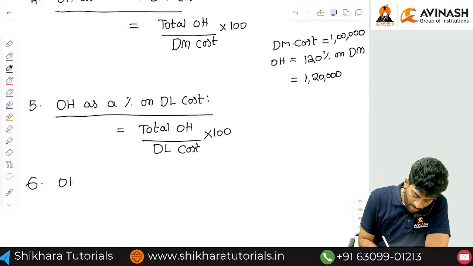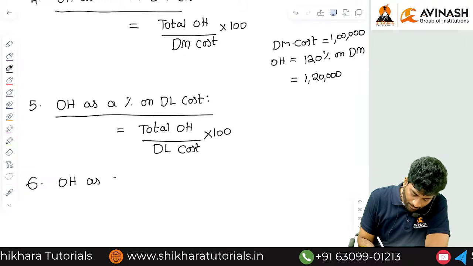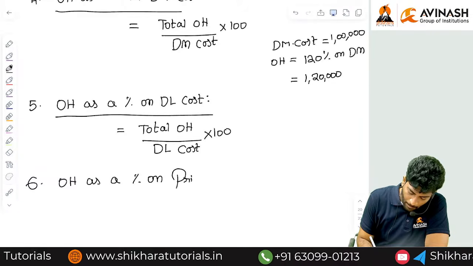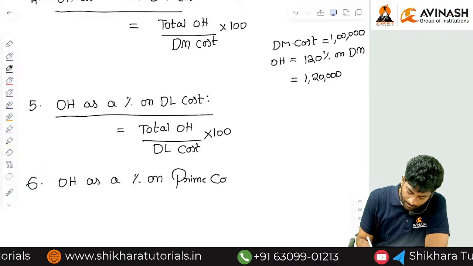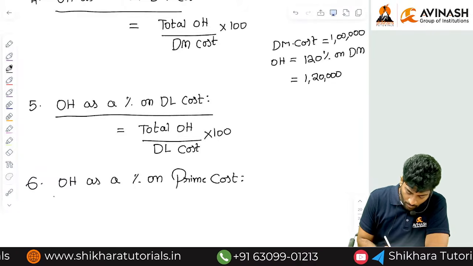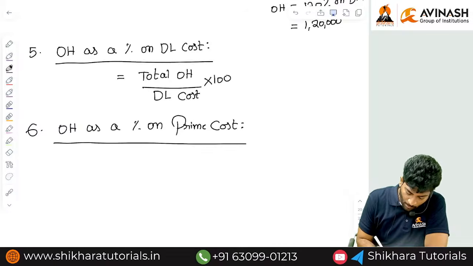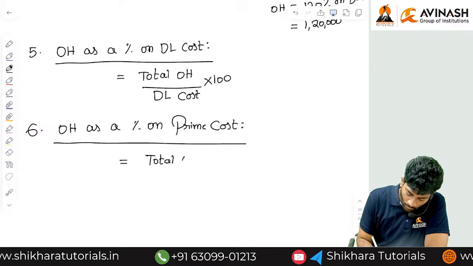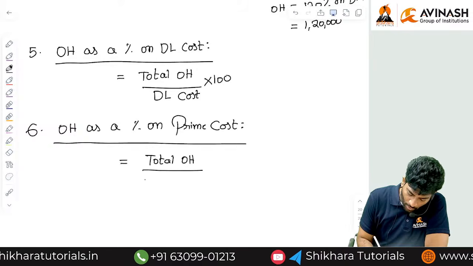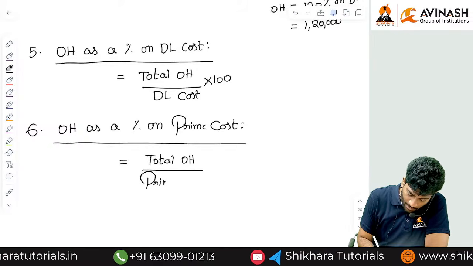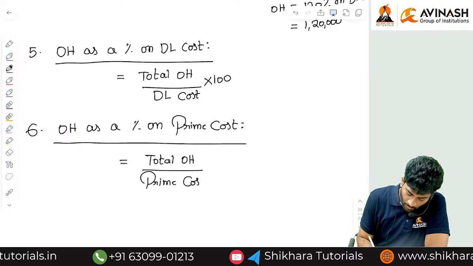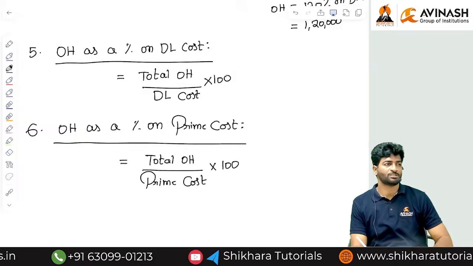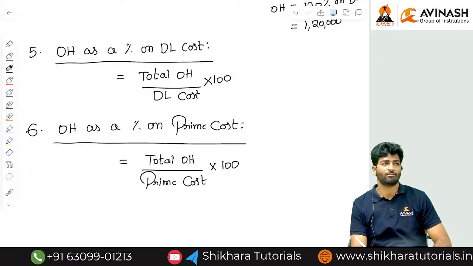And sixth one, overhead as a percentage on prime cost, equal to total overhead divided by prime cost into 100. That will give you percentage.